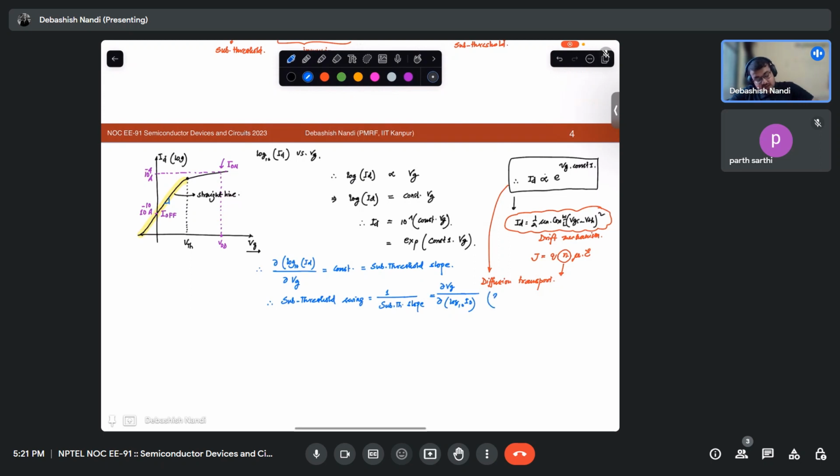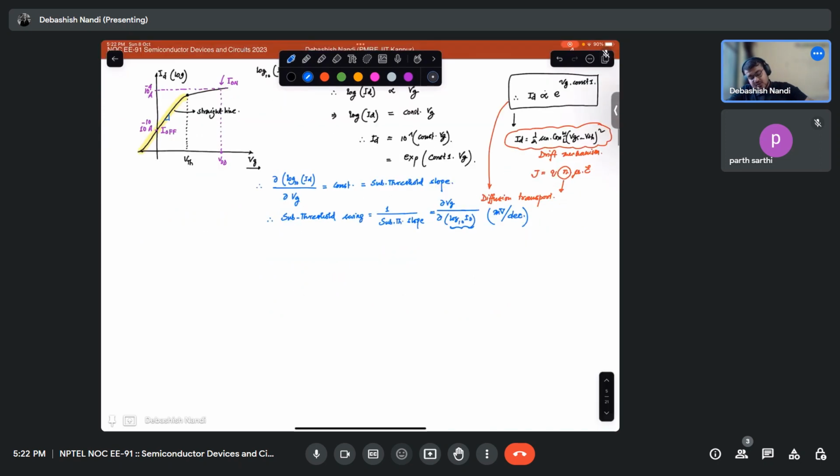The unit is generally millivolt per decade. What is 1 decade? 1 decade is 10, right? So if you increase ID by an order of 10, this quantity will increase by an order of 1.